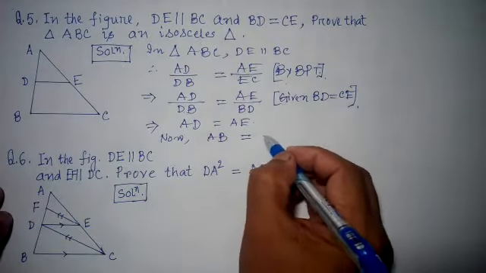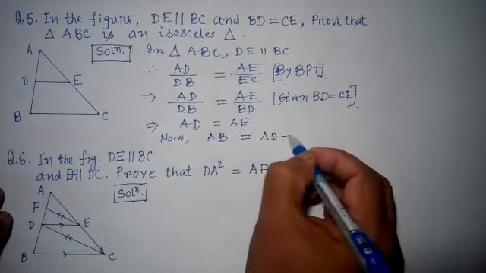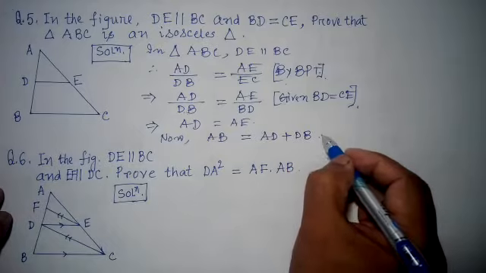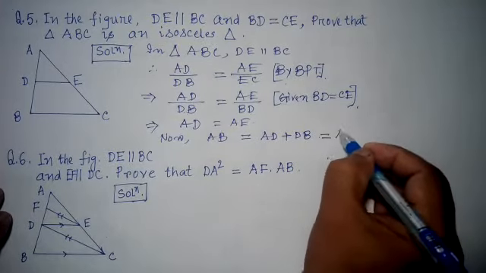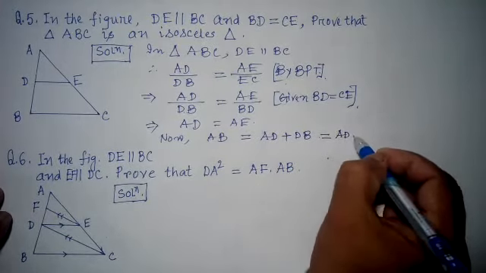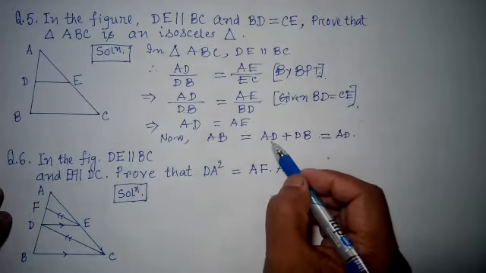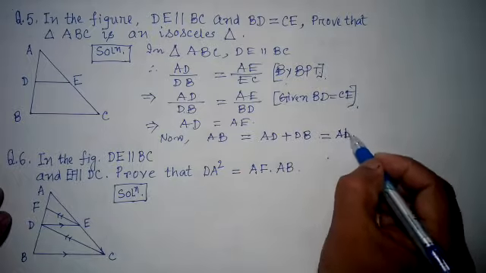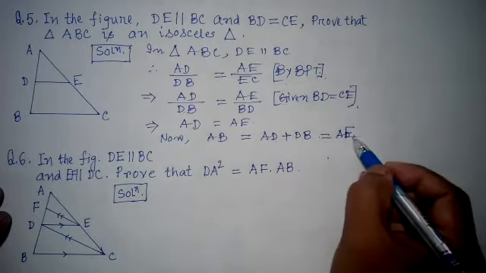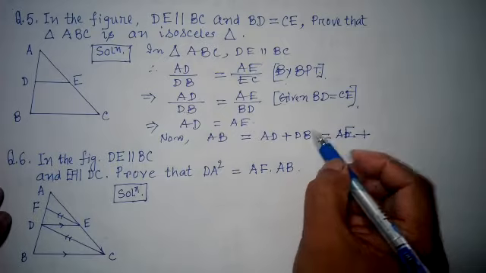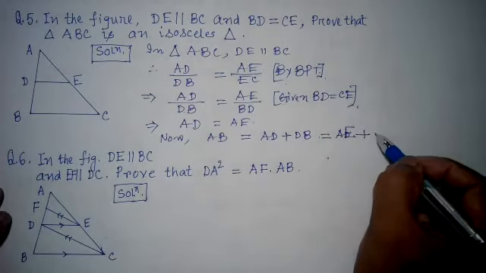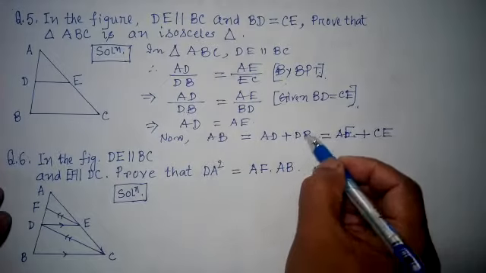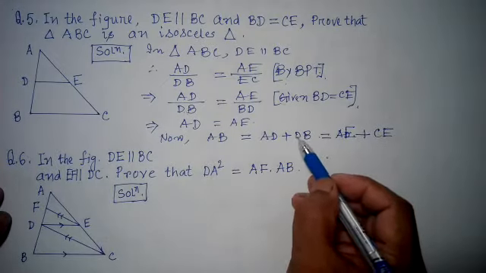The value of AD is AE, so we write AE, plus the value of DB, which is BD.